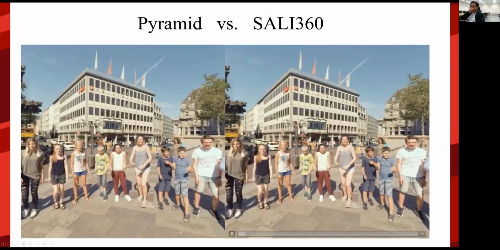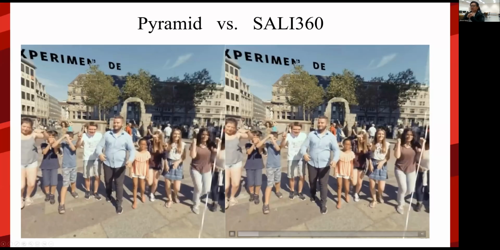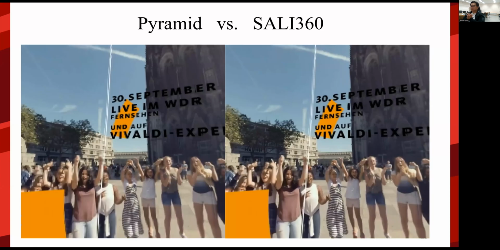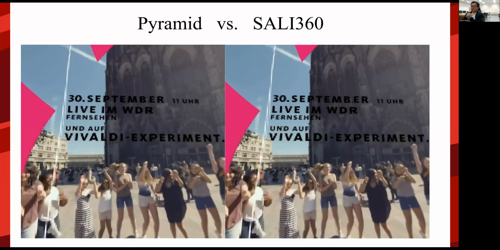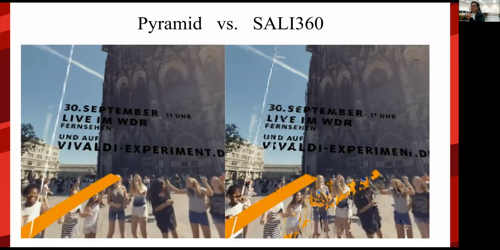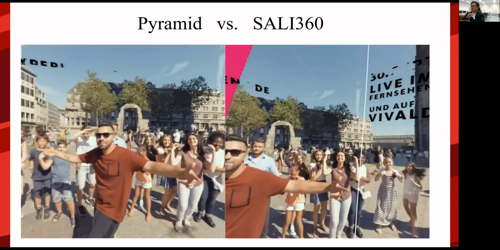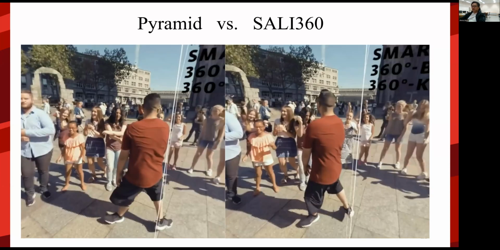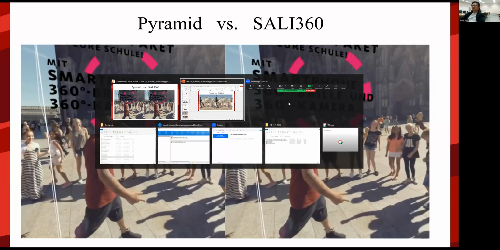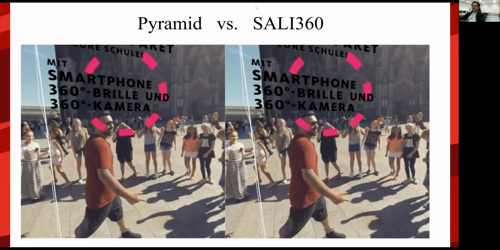So this is streaming. On the left side is pyramid. On the right side is Setlist 360. On the VR device. Okay, can you see the difference? Okay, go back to the slide. Sharing my computer.